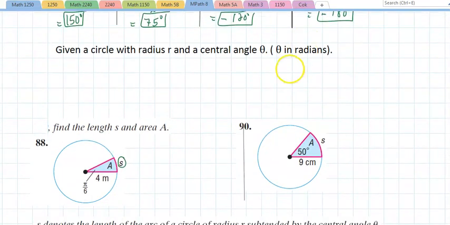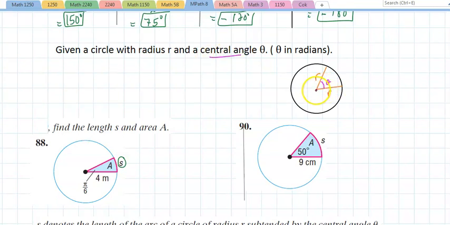If you look at a circle, given a circle with a radius r, remember the radius is the distance from the center to the circumference. If this is r, and this is r, central angle theta is right there.